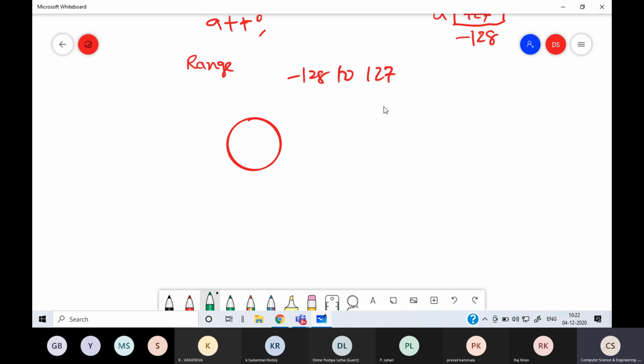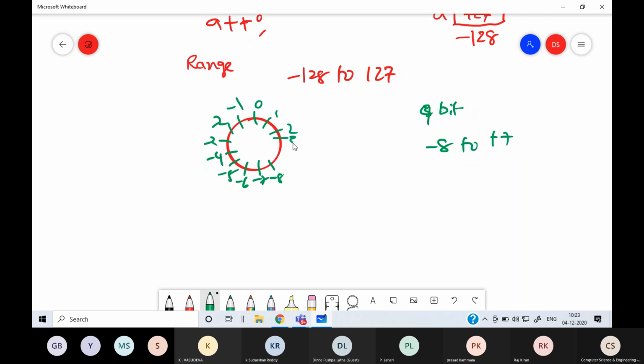So what I'll do is I'll take, suppose, a 4-bit number. The range is minus 8 to plus 7. So the 0 will be here, then 1, 2, then minus 1 this side, minus 2, minus 3, minus 4, minus 7, minus 8, and 3, 4, 5, 6, 7.